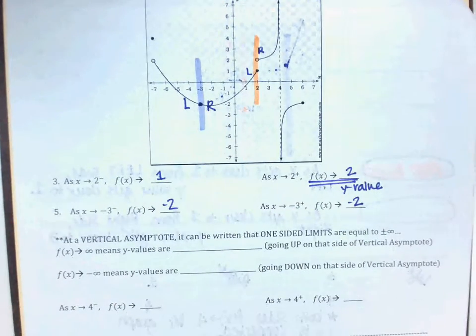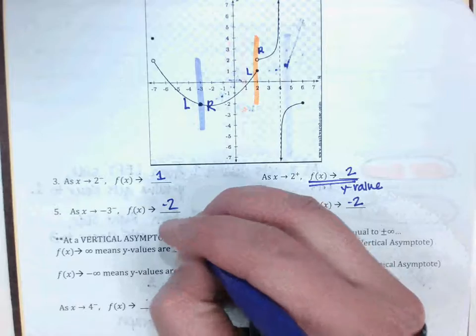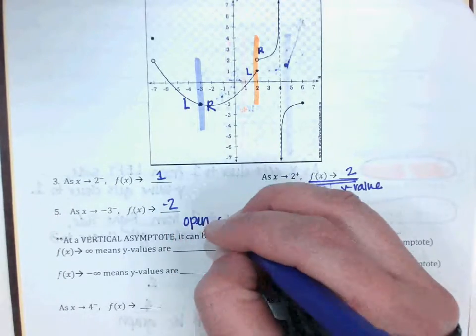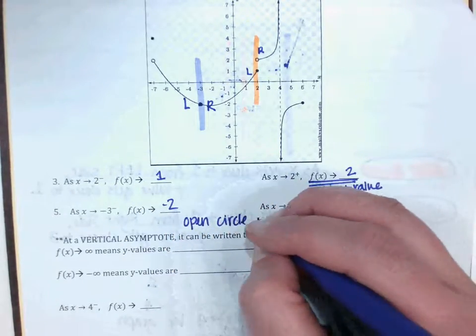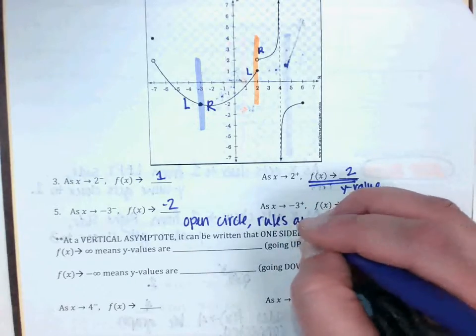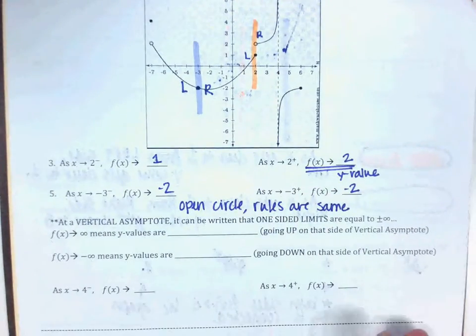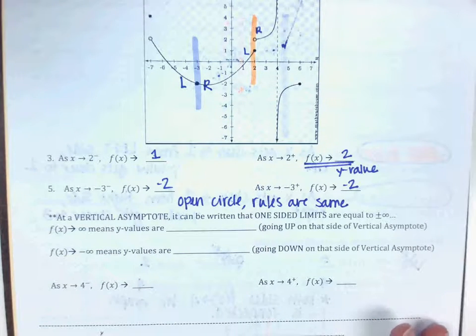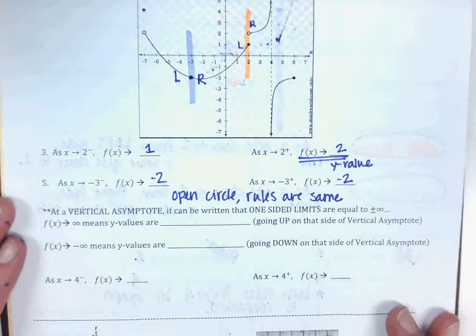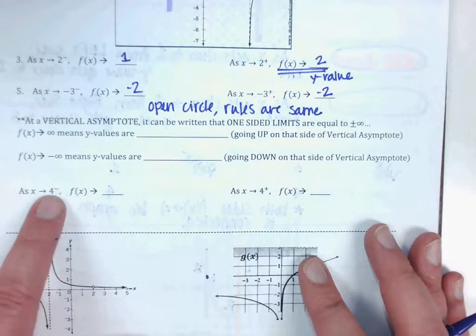Okay, so notice, did it matter that it was an open circle that time instead of a closed circle? No. So open circle rules are the same. It does not matter whether you have an open or a closed circle, you're still going to get that same value.